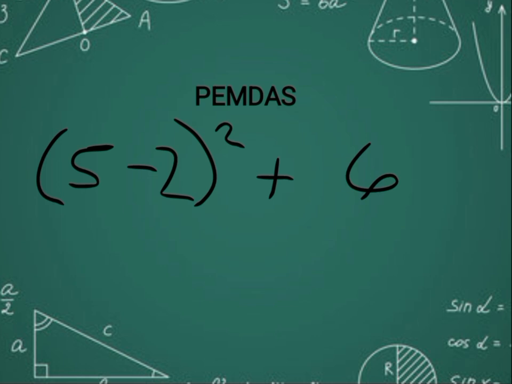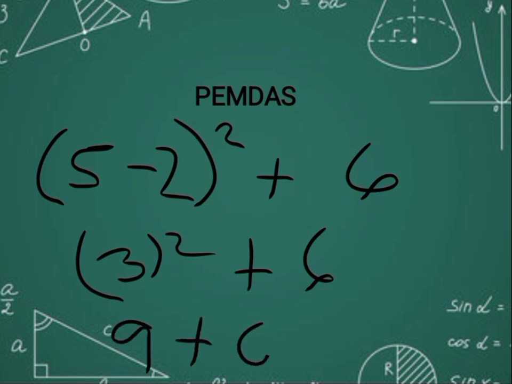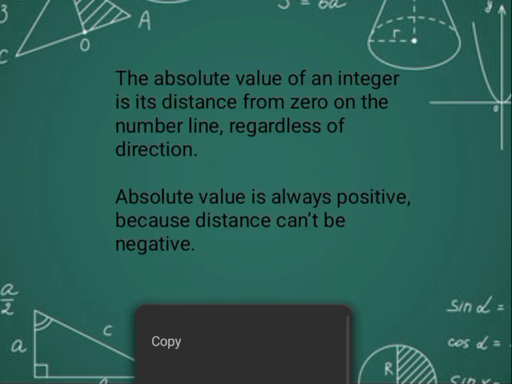So 5 minus 2 is equal to 3, then 3 squared, 3 times 3, is equal to 9, plus 6, it is equal to 15. So that's how we solve the expressions using PEMDAS. So practice is the key to master this.